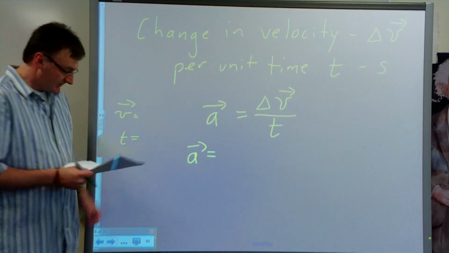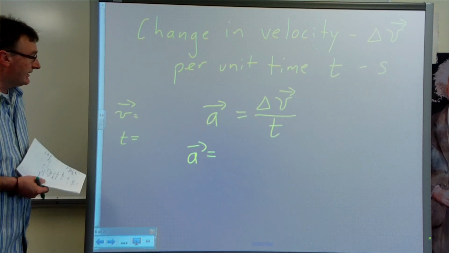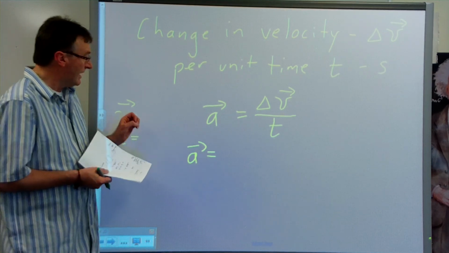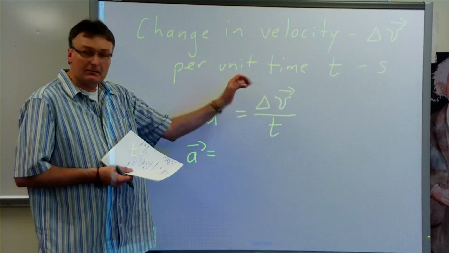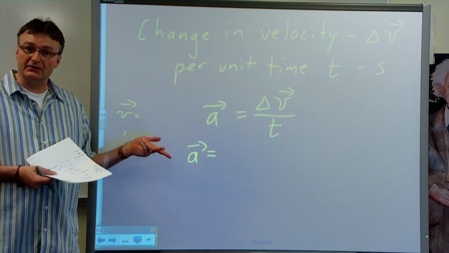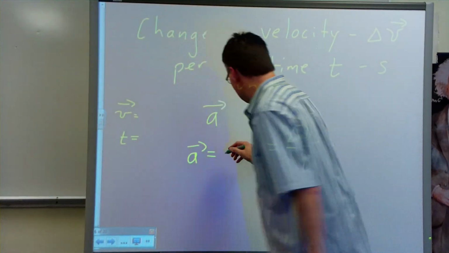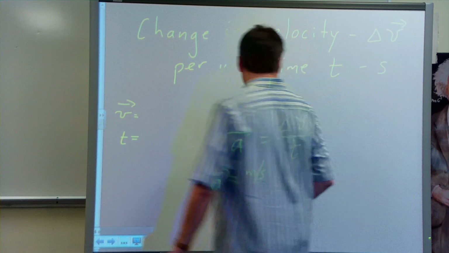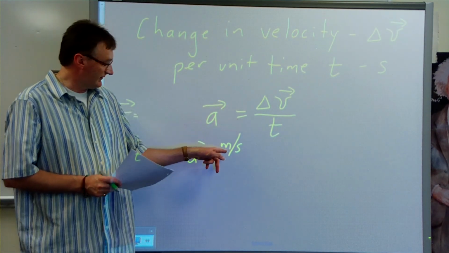So let's look at the units here then, how these units are going to work out. Well, if we're talking about velocity, we know the units of velocity are meters per second. So we can write that down: meters per second. Okay, those are the units of velocity.